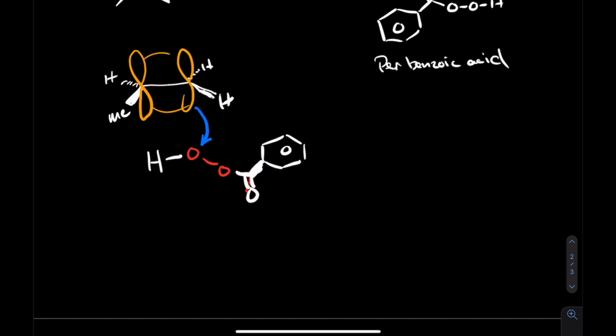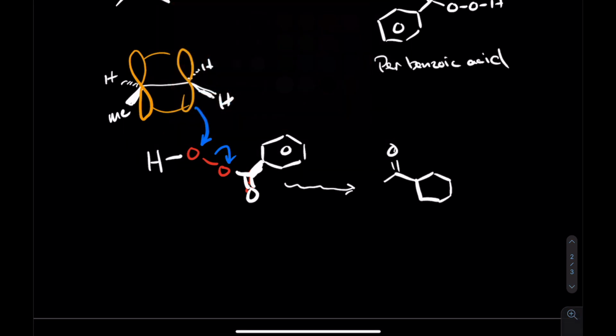All right, and that attack on the oxygen actually ends up kicking those electrons back. All right, and then this thing floats off as some kind of carboxylate. All right, so that's just O minus. And so floating off there. So essentially, once that comes off, that's gone.